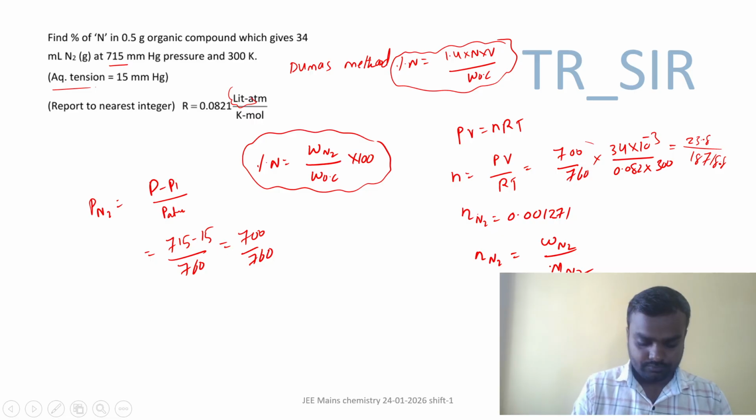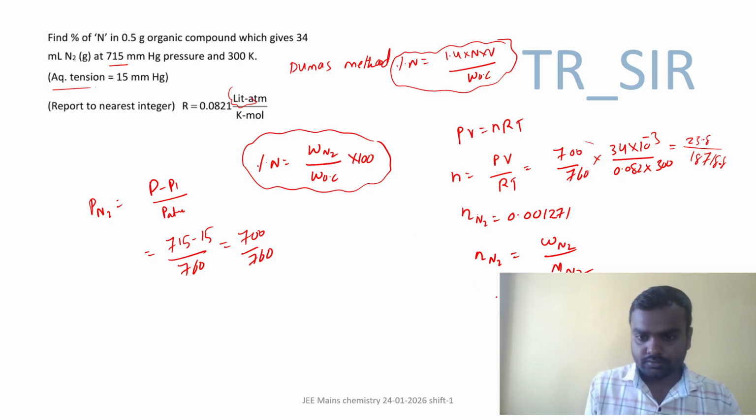Now multiply both of them: 0.00127 into 28. So 0.0355 is coming. Weight of N2 is equal to 0.0355.